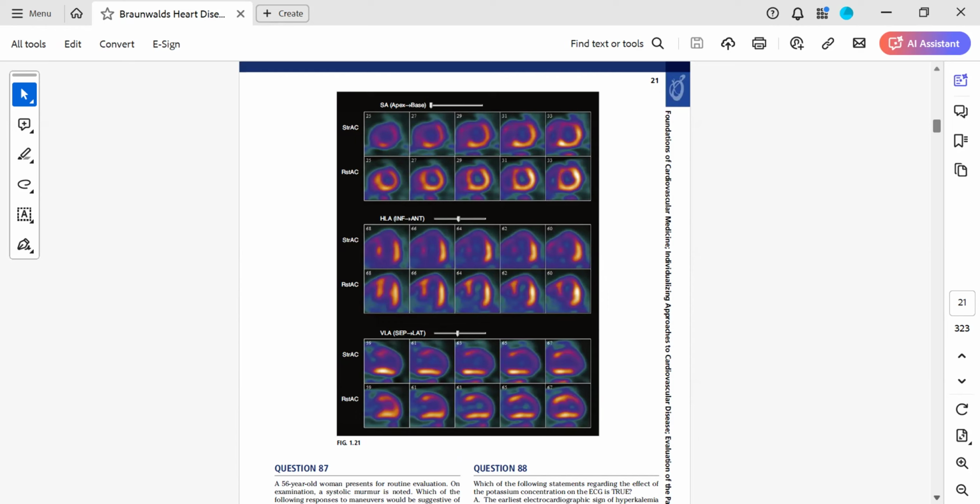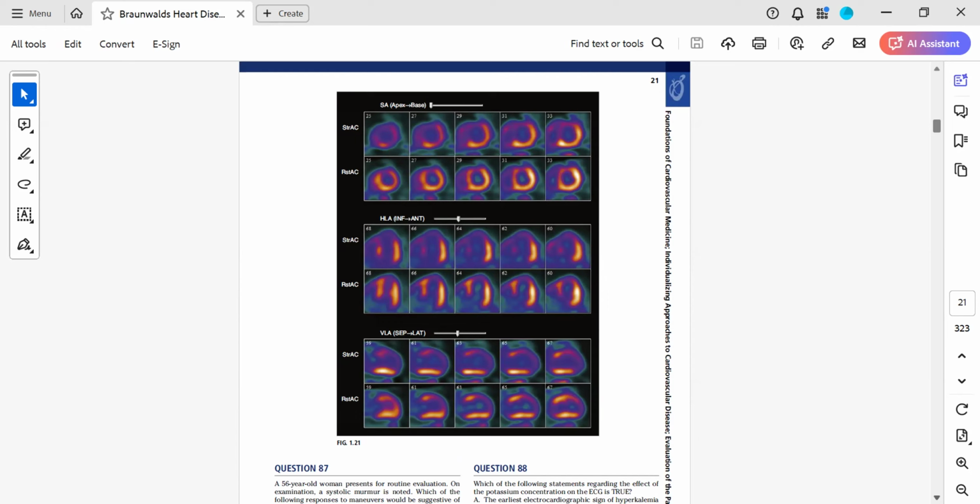And then the mid part, we have the horizontal long axis, and then the lower part, we have the vertical long axis. So what is prominent here is the principle, like I explained earlier, that at rest, we may find normal perfusion.